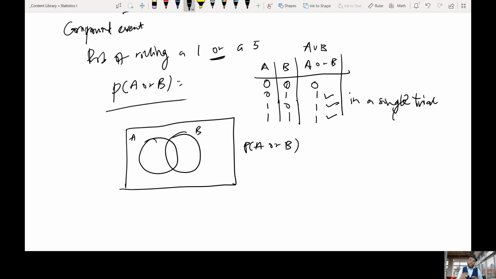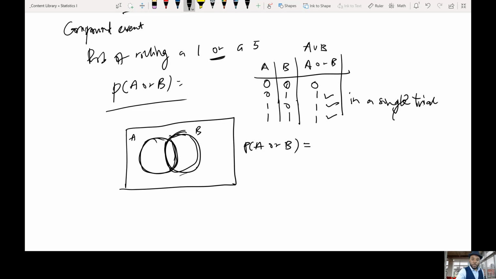What's the union? We want to add all of them together. If we add A plus B, what we've done is that we've added this intersection 2 times. So we need to subtract it.